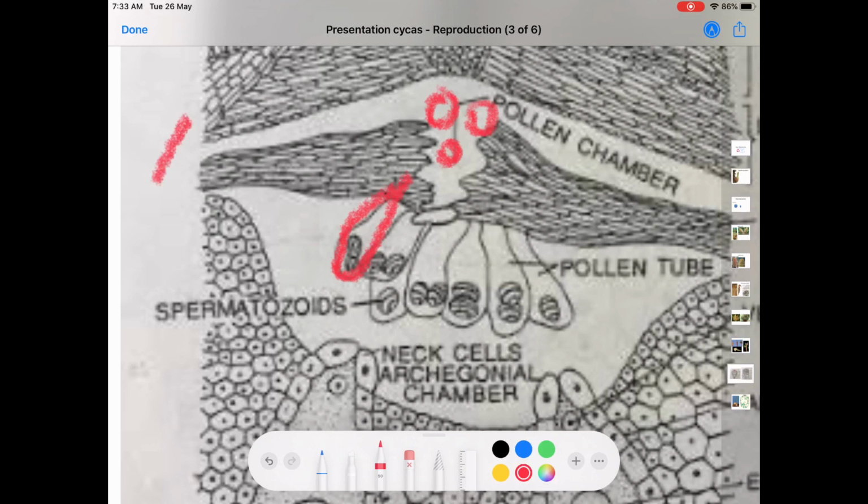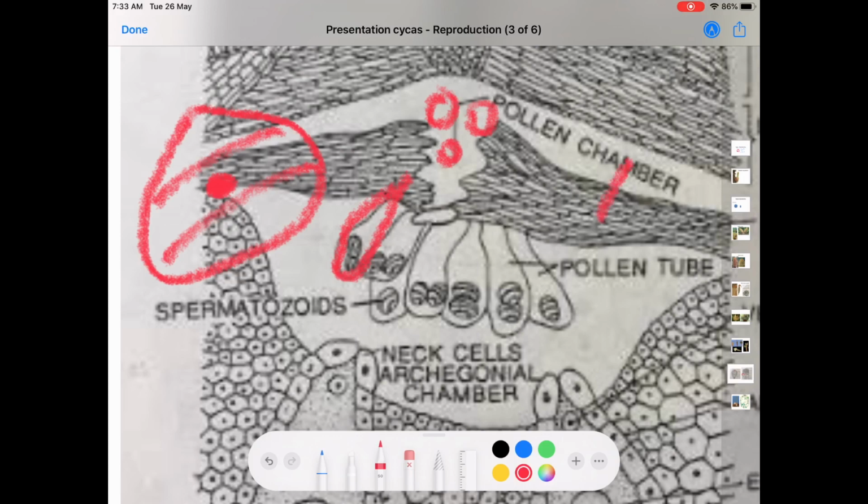The generative cell, the cell in the middle of the pollen grain, is dividing and developing into the sperms.